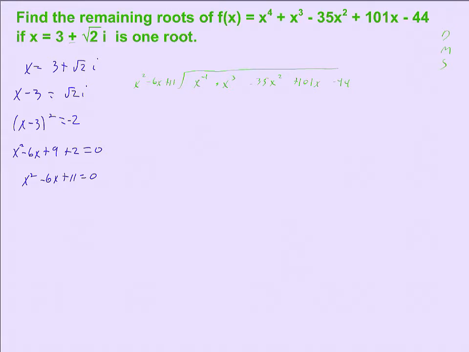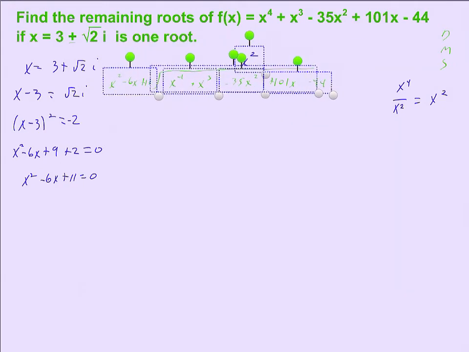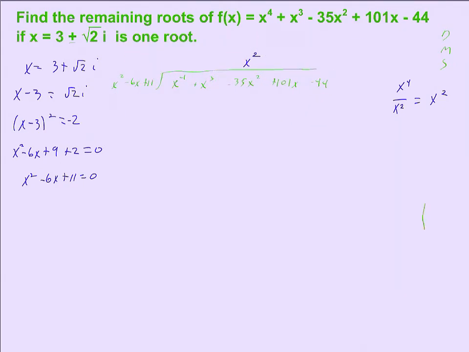It'll work here. So we can take x to the fourth over x squared. And remember, we only need to divide the first terms. That's why the division part is pretty easy. And then we can multiply x squared times x squared minus 6x plus 11.